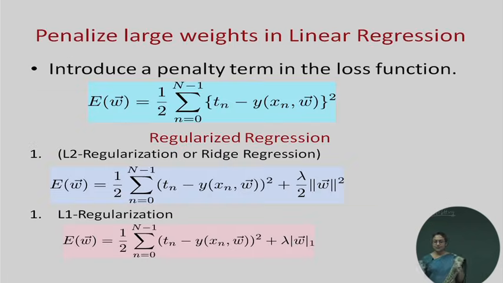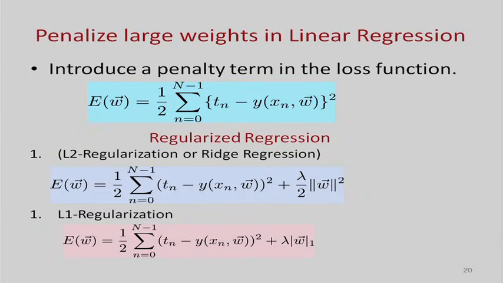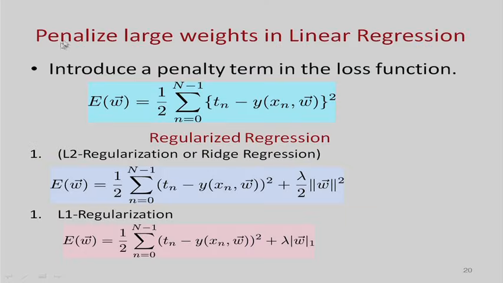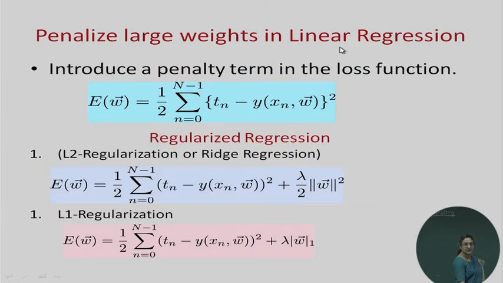So, in order to prevent overfitting, one of the methods that we can use with polynomial regression or even linear regression is regularization. And one way of regularization is to penalize large weights. Earlier we have seen that the error function which we try to optimize is the sum of squared errors, that is the value of y minus y hat whole square summed over all the examples.